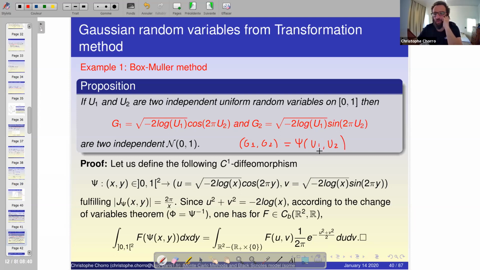Here I have two independent uniforms on the interval (0,1), meaning that I know the density of the pair U1, U2, psi being a C1 diffeomorphism. Applying the previous result, I am able to deduce the density of G1, G2. So you have here the proof, in relation with the previous theorem, and I can prove using this little methodology that G1 and G2 are two independent N(0,1).